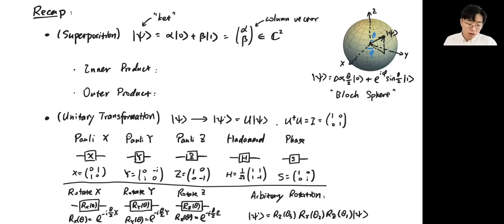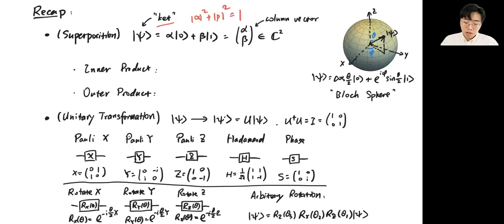We learned that a qubit can be in a superposition quantum state, and in this ket notation, we write it down as psi equals alpha times |0> plus beta times |1>, where alpha and beta satisfy this normalization constraint, alpha squared plus beta squared equals 1.